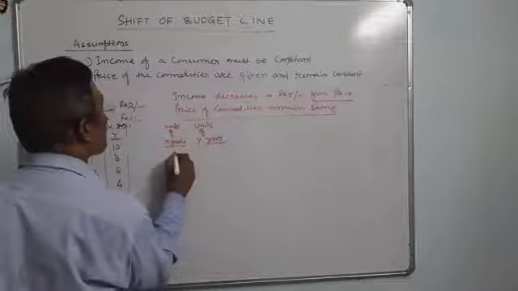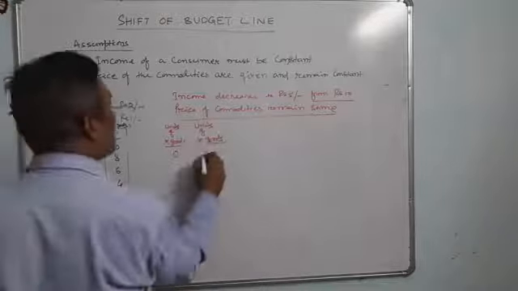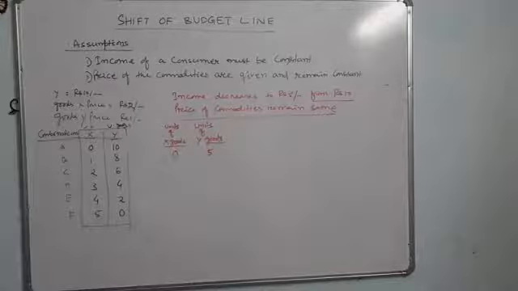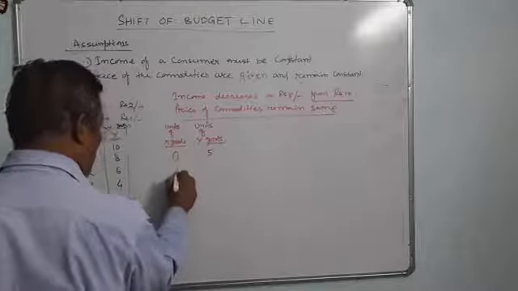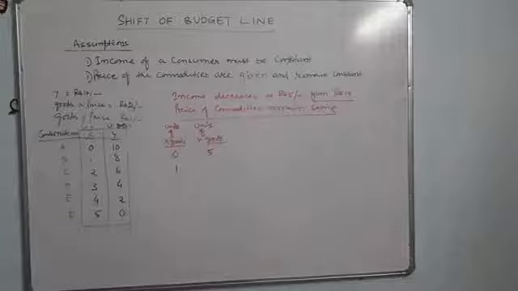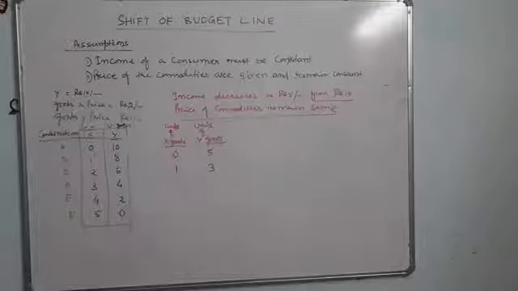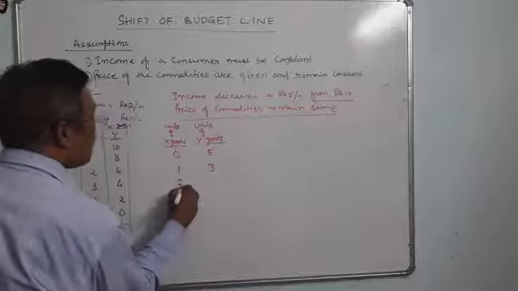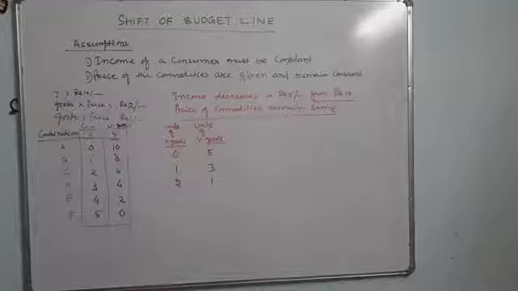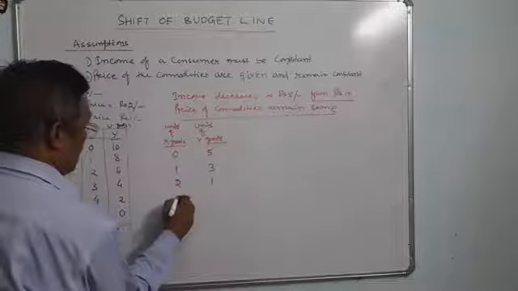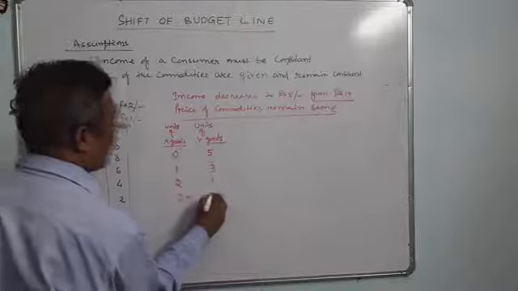X goods 0, income is 5, so 5 units. X goods 1, 3 units. X goods 2, it will be 1, and then it will be 2.5 and it will be 0.